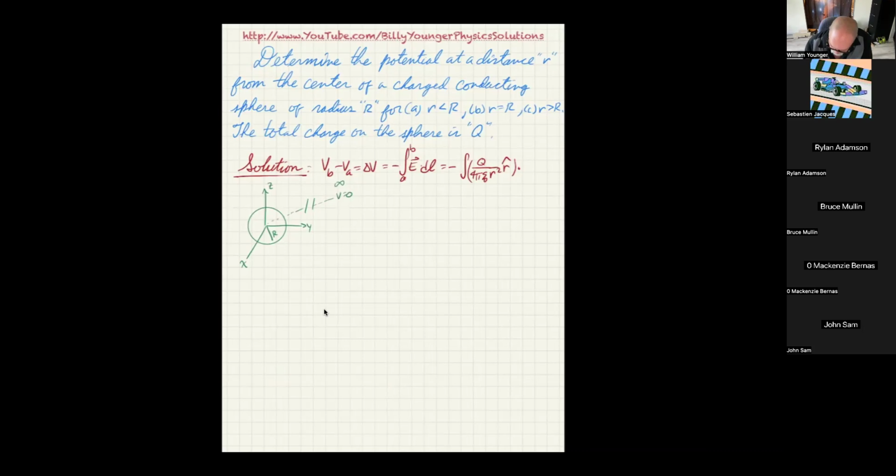So just as a check, I'm going to say VB minus VA, which is equal to delta V, is equal to the negative integral of Q over 4 pi epsilon naught R squared R hat, dotted with my path.